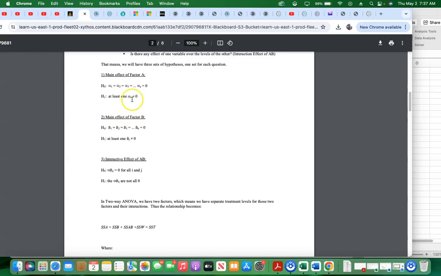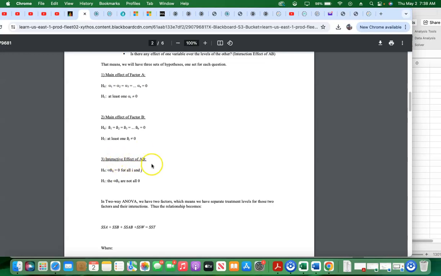All we're trying to do here is to use the 95% for the null hypothesis, and we need the probability value, which should be less or equal to 0.05 alpha, or significance level. The same goes for main effect B.